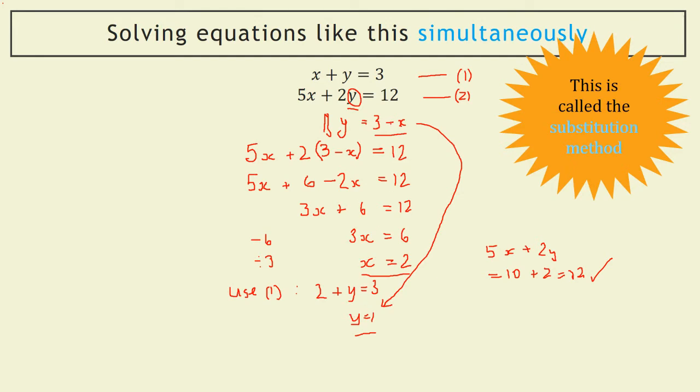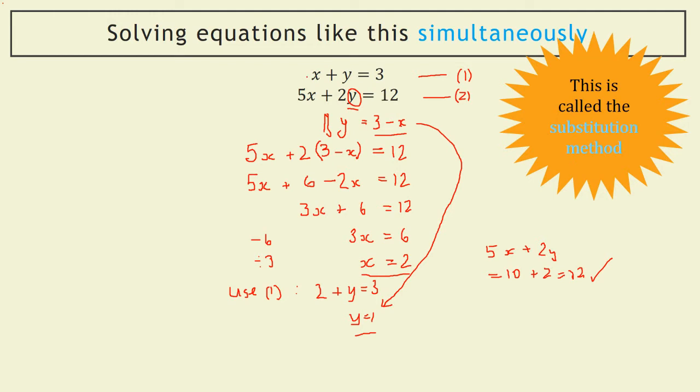There are just a couple of extra steps here: get your expression for y, then substitute that in. Everything else you've done before. You've done multiplying brackets. You've done the solving equations bit before. So it's getting y equals, substituting it in, multiplying the brackets out, and away you go.